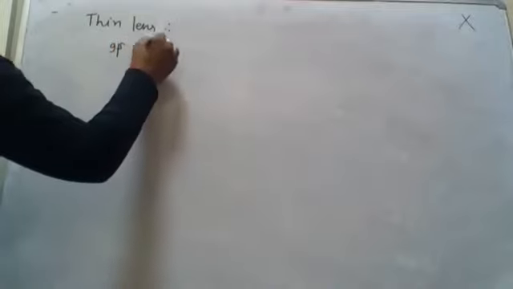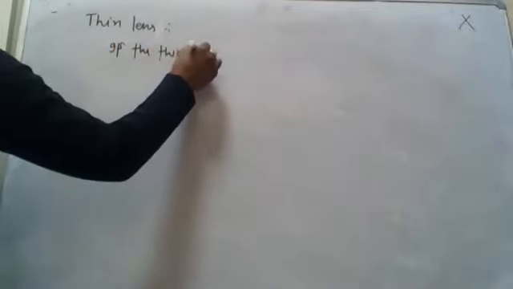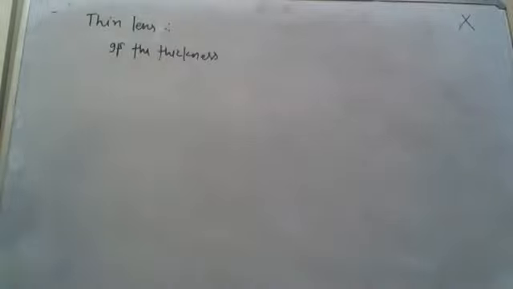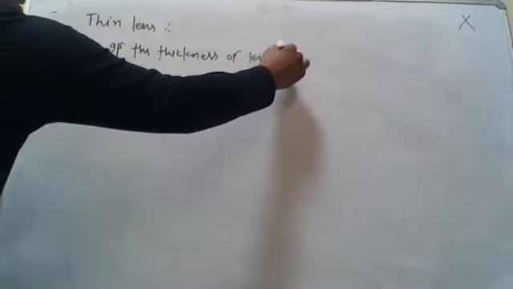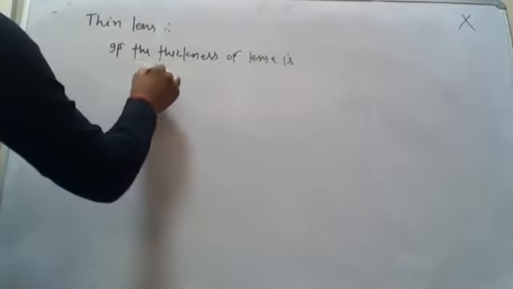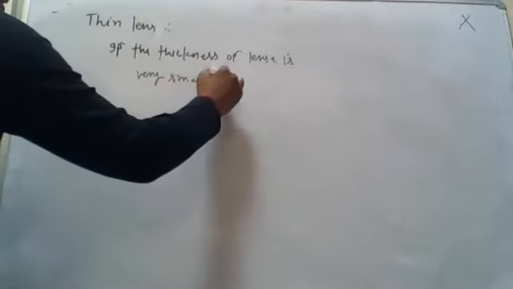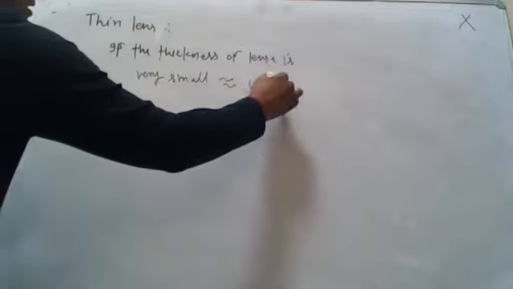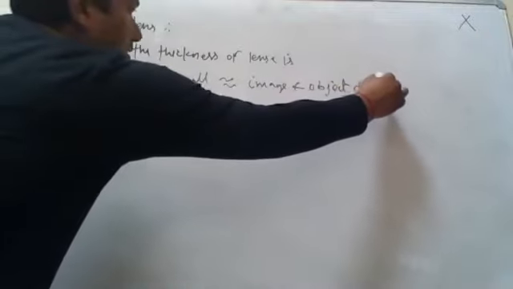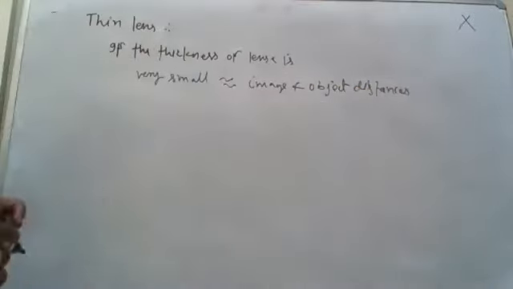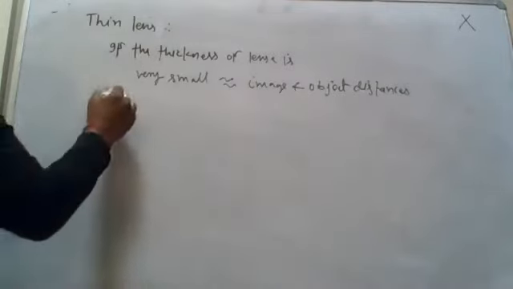And if the thickness of the lens is very small compared to the object and image distance, then we can call that lens a thin lens.